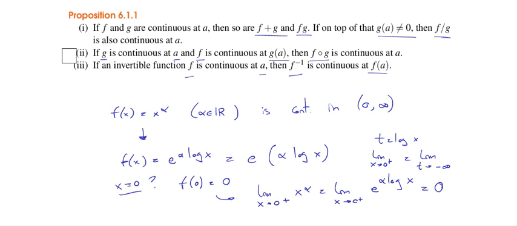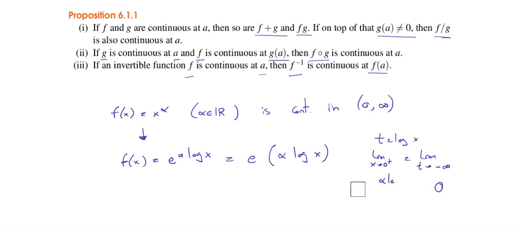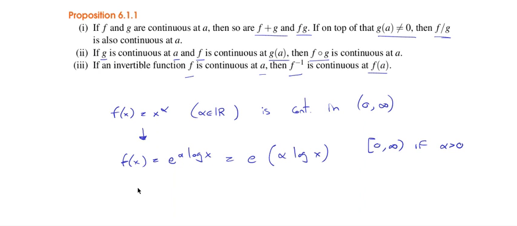And so what happens if alpha is... this is valid, that it's continuous in [0, infinity) if alpha is greater than 0, otherwise it's not defined at 0. And if alpha is 0, f of x is 1 in (0, infinity), and we can define f of 0 equals 1.